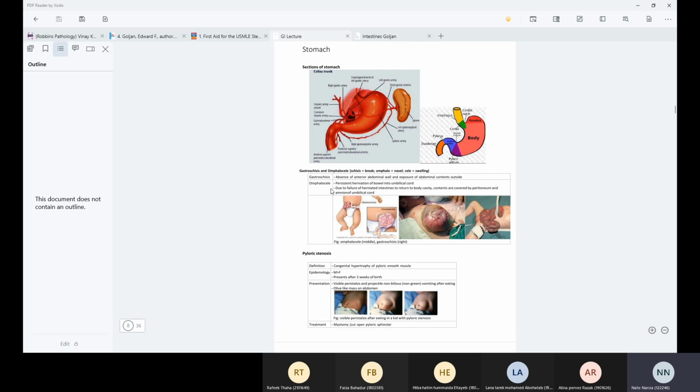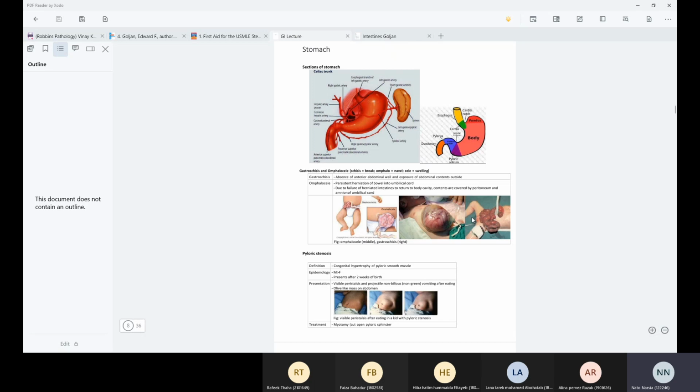Both are congenital anomalies, and in each case you have a problem in the anterior abdominal wall. What is the difference? Gastroschisis means you have a break, because schisis means break. That means you have absence of the anterior wall completely, you don't have a wall here, and the content is coming out.